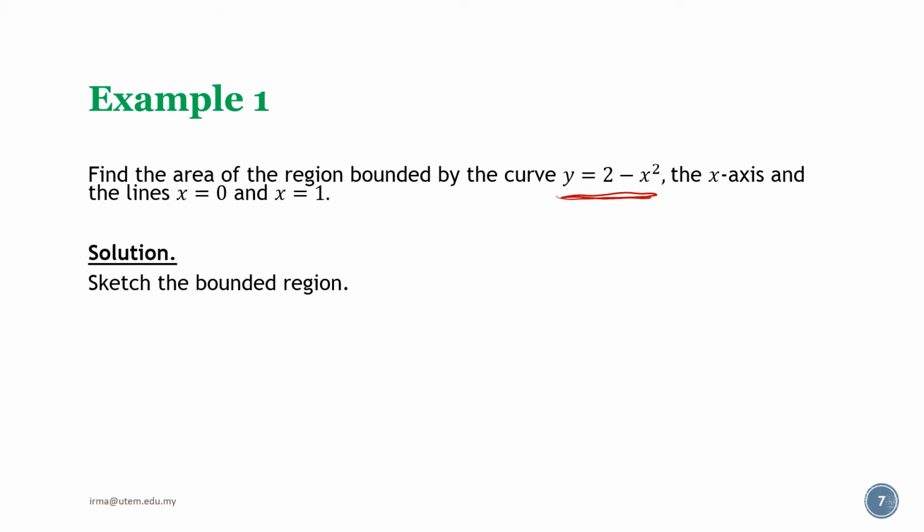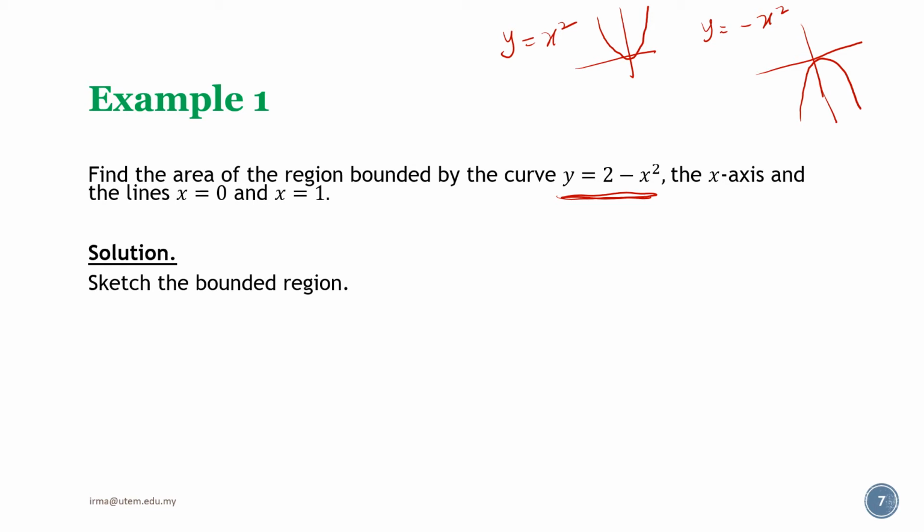Let's recall. If you have y equal to x squared, the graph looks like a happy, smiley shape. But if you have y equal to negative x squared, what will happen to the graph? It is inverted.